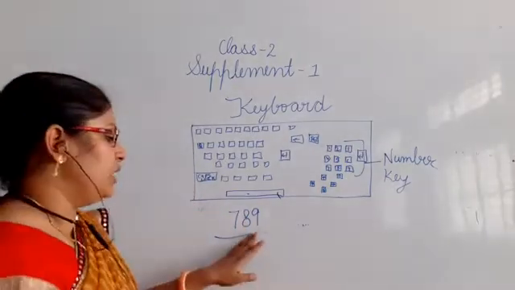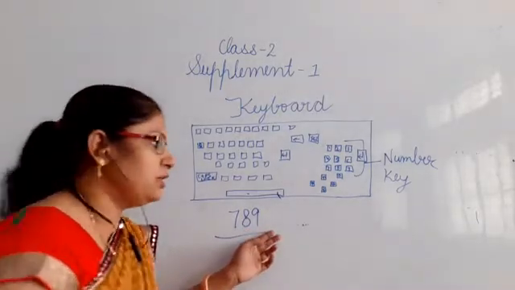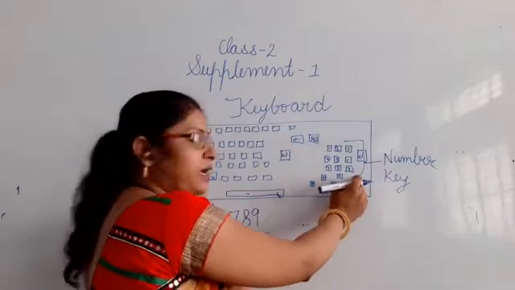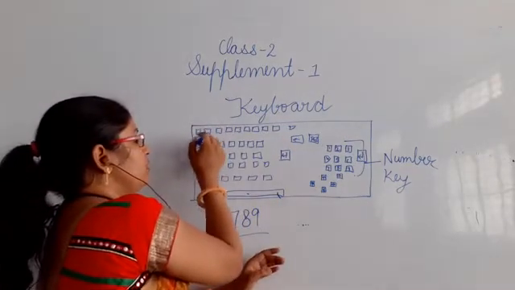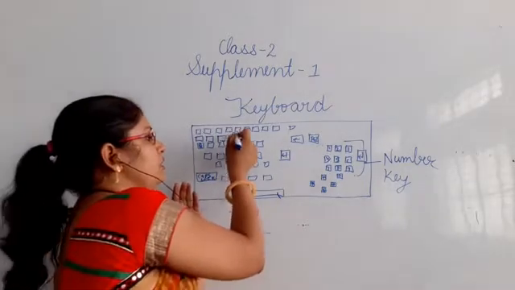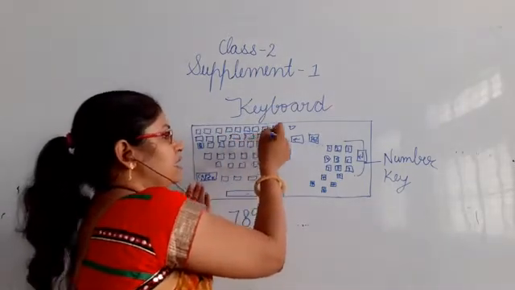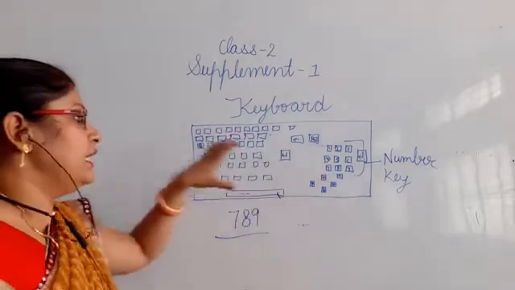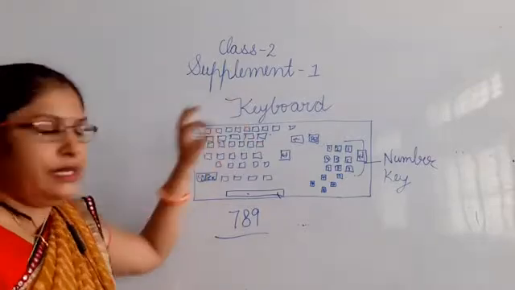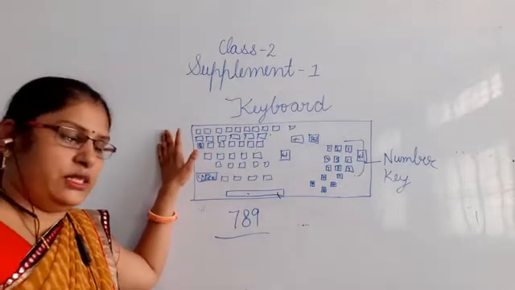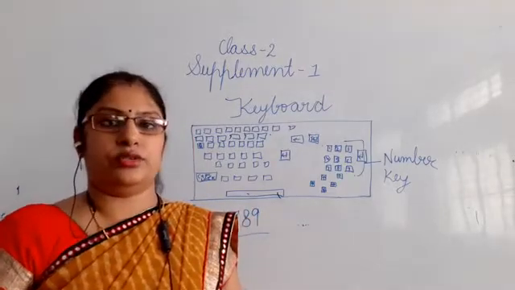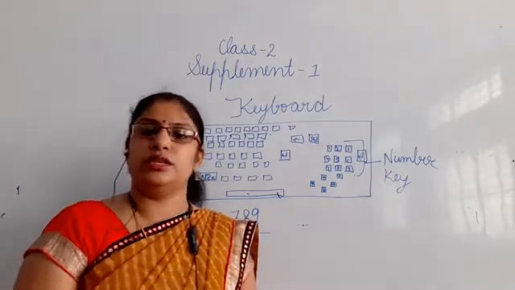I will use the number keys to type the numbers, on the right side of the keyboard as well as on the left side. On the top line, number keys are present. There are 10 number keys, from 1 to 9 and 0 also.